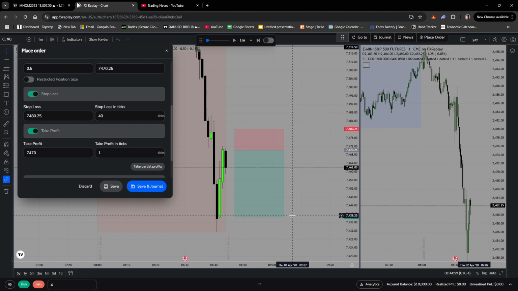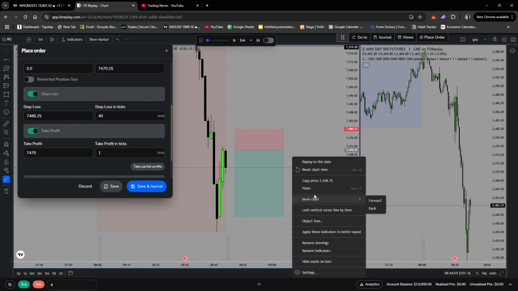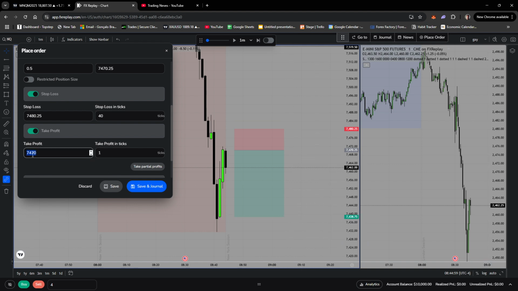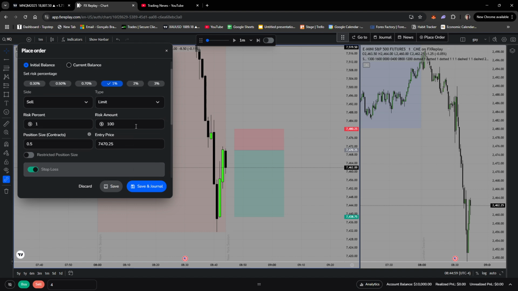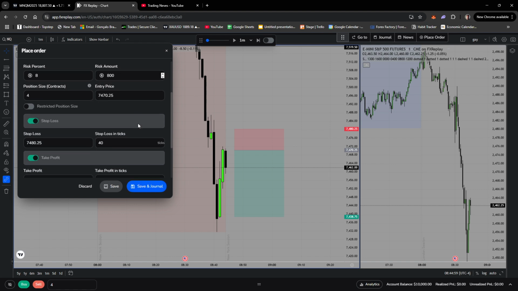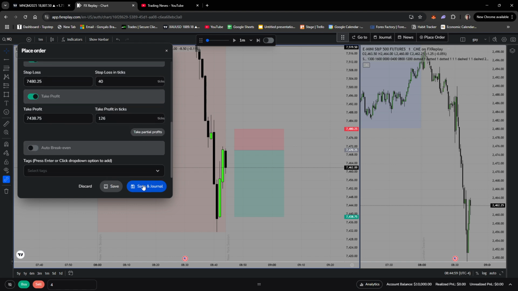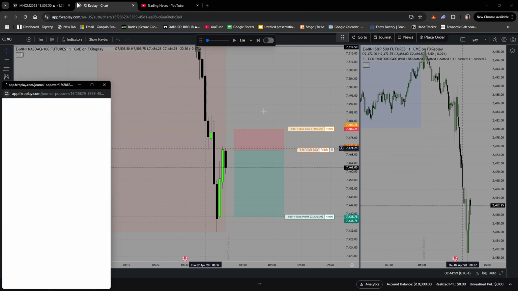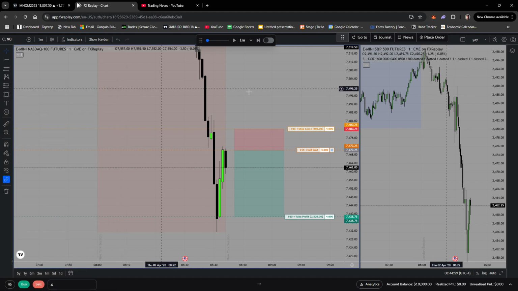Take profit, we want this low. Okay, I like this. We want to risk 800, so 4 contracts. We're not going to make it risk-free. Save in journal. No, leave the journal. So we're not in yet anyway.